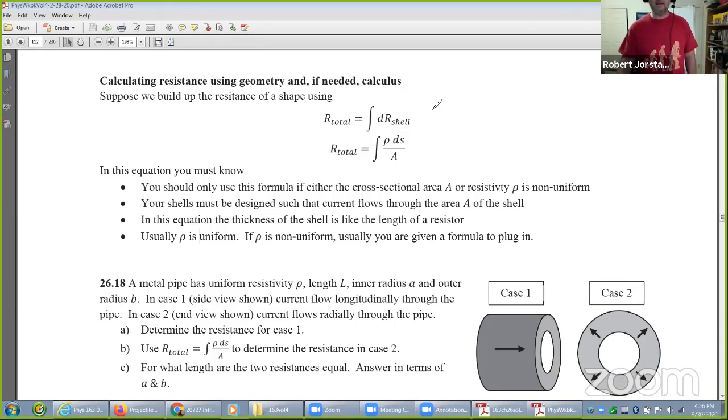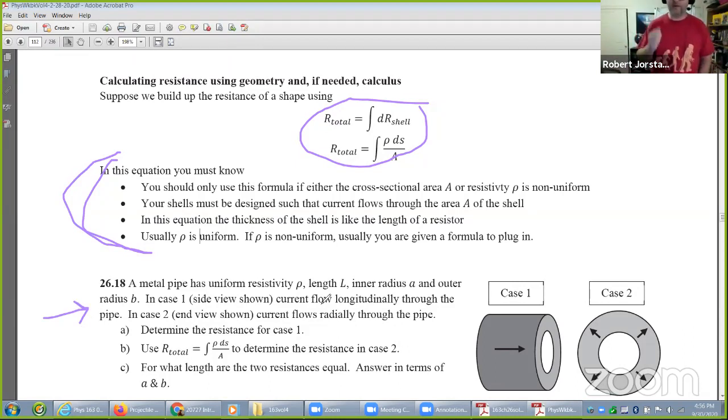So let's try and take this information and these bullets. And I want everybody to think about this question. All right. And remember, the first thing you do, you really need that equation or not? Check that first. If you don't need it, do rho L over area. If you can't do that, then do the integral. Okay. So I'm going to look at 26.18 and draw it up.